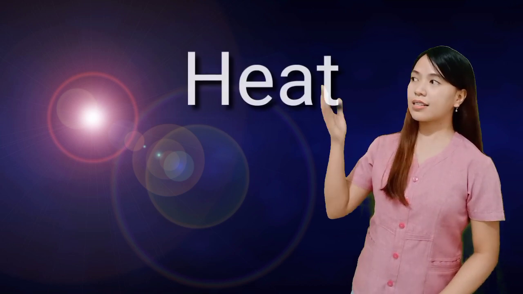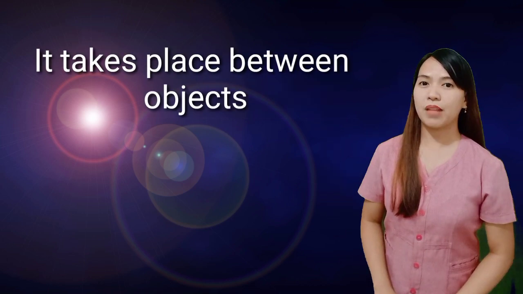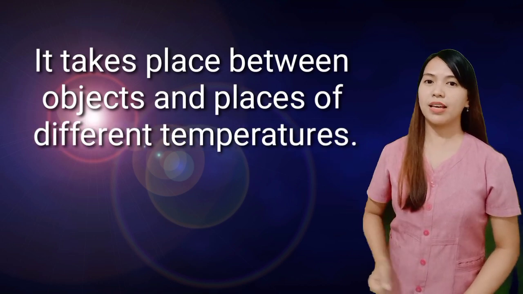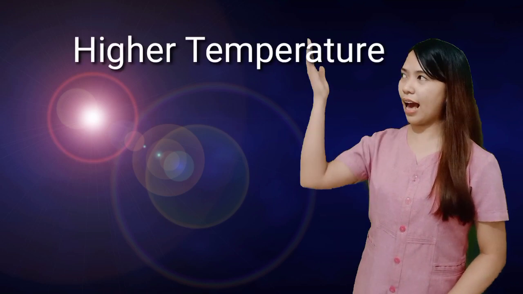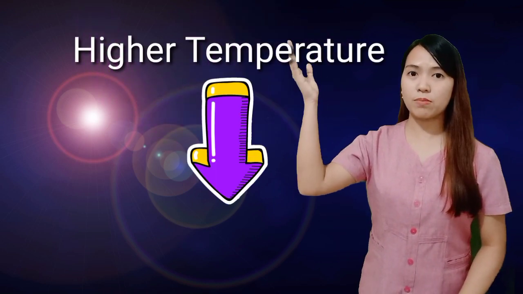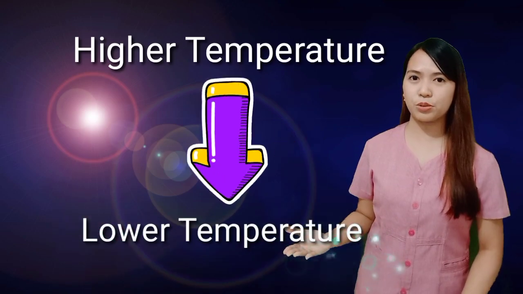Energy is transferred between substances as heat. It takes place between objects and places of different temperatures. The energy transferred as heat tends to move from an object at a higher temperature to an object at a lower temperature.